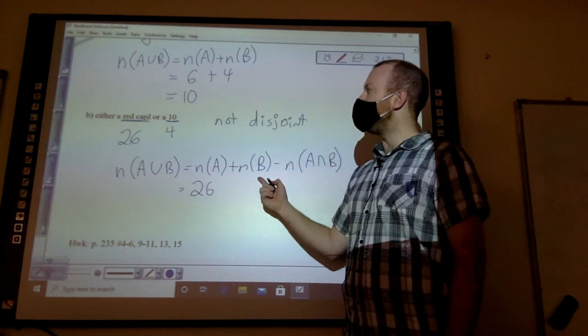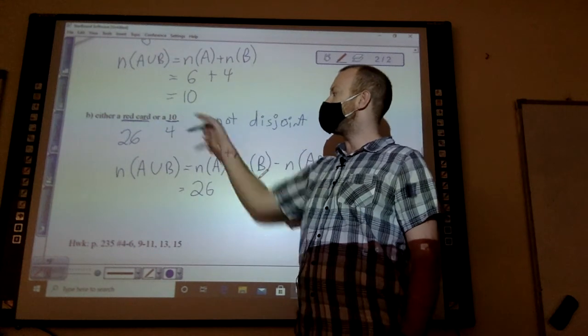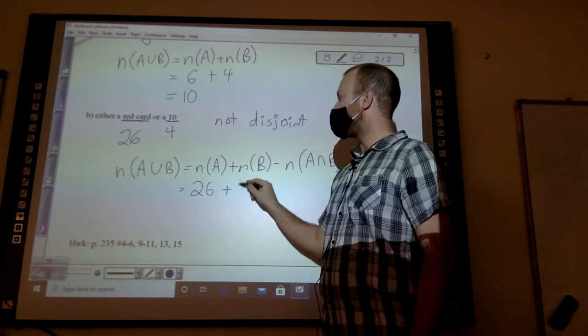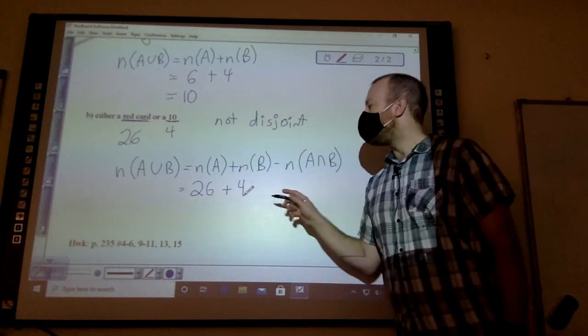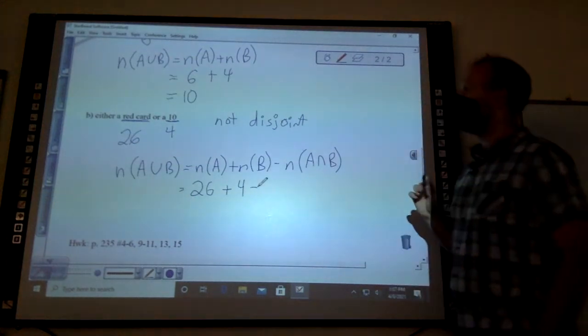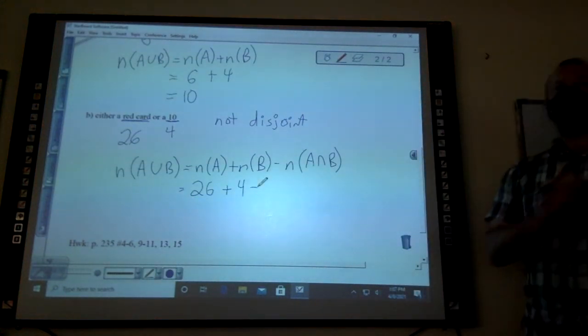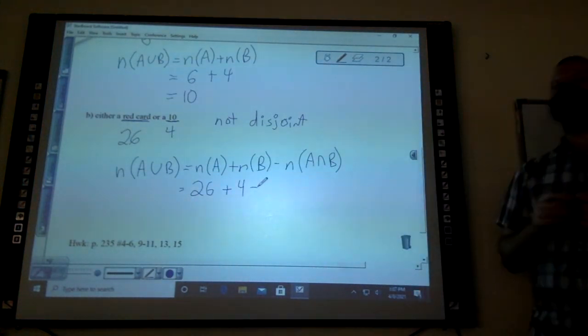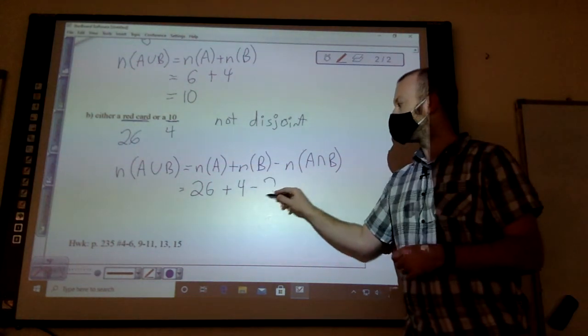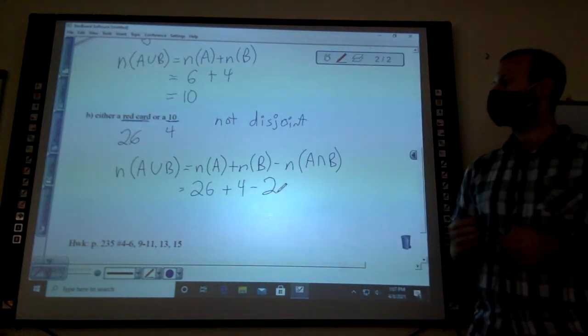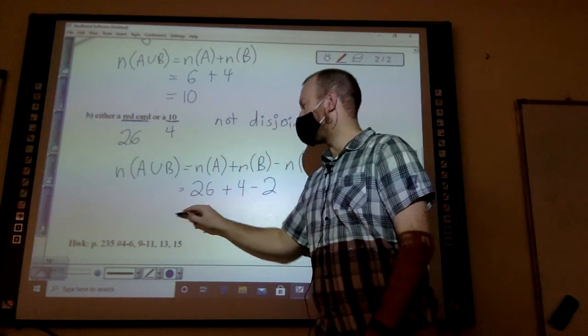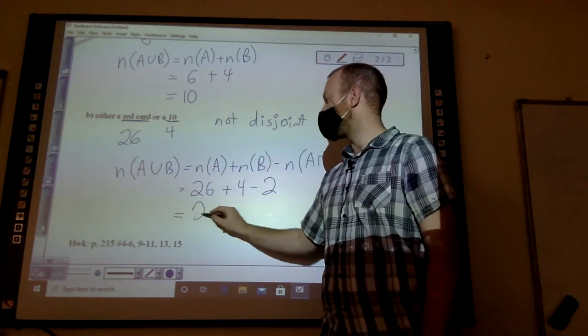The number in set B is the 10s. So we said there's 4 of them. And we are going to minus the number of elements that are red and 10s, which you already said is 2. So now just add those up. So you get 28.